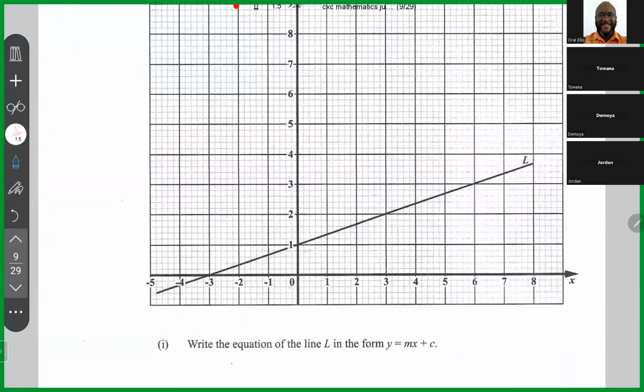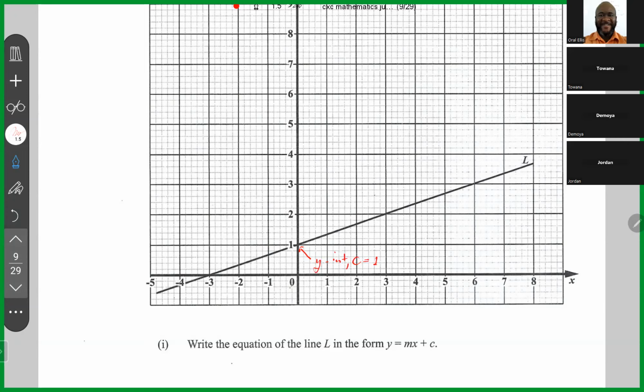Now, the y-intercept is where the graph cuts the y-axis. This graph cuts the y-axis here. So this is the y-intercept. Now, the y-intercept is c, so c is 1.